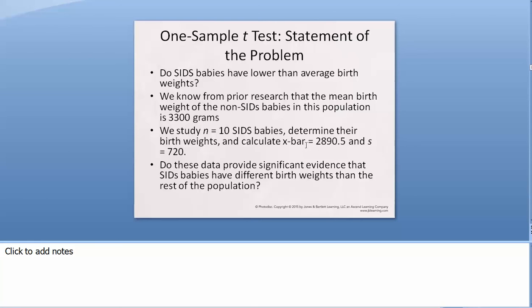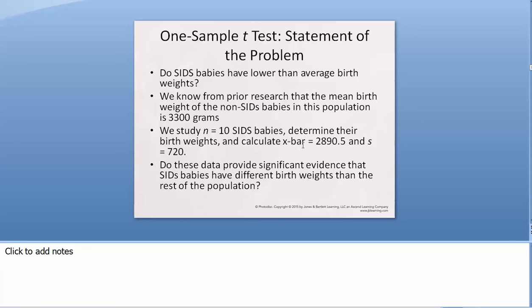We have the point estimate for the mean birth weight for SIDS babies. The actual mean birth weight, which we do not know, is mu for SIDS babies. Is mu for SIDS babies smaller than 3300? That is our hypothesis, our research question.